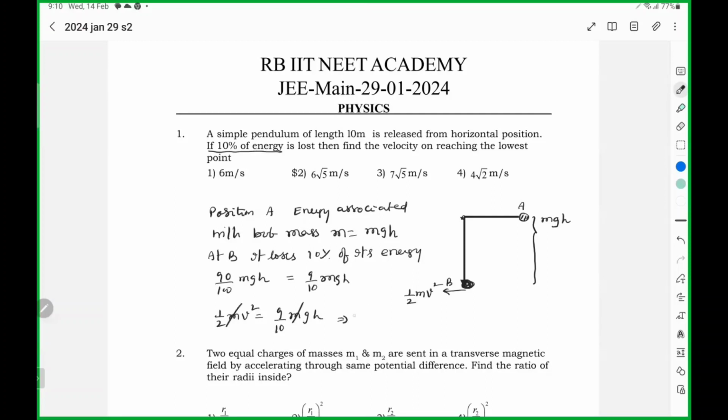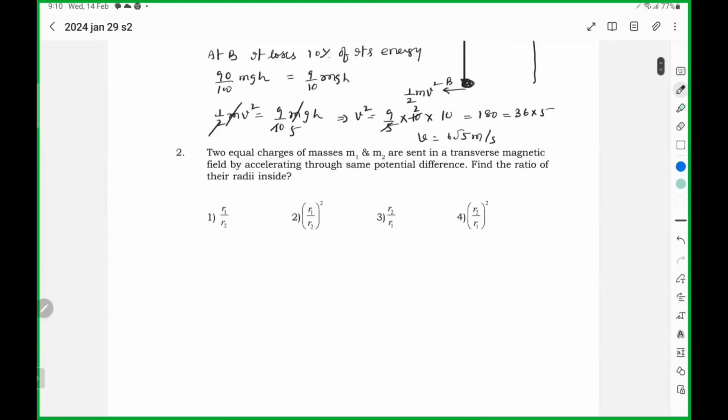He is asking velocity. So 9 by 5, g is 10, height is 10 meters. So it is nothing but 180. 36 into 5, v will be 6 root 5 meter per second.